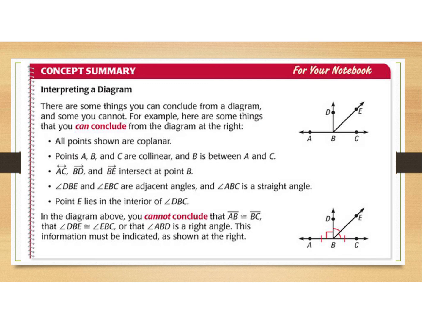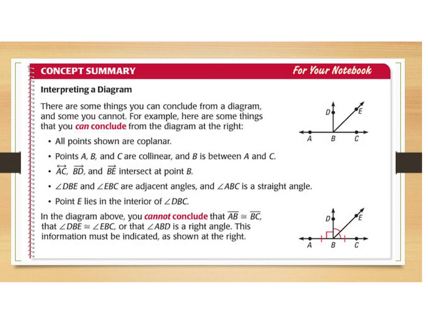I also can't tell if B is the midpoint. I can't tell that this is congruent to this, even though it looks like it's smack dab in the middle. So without any numbers or congruency marks, I cannot assume that those are equal. As well as these two, it looks like they're equal, but unless they told me that this was the bisector, I can't conclude that those are congruent.